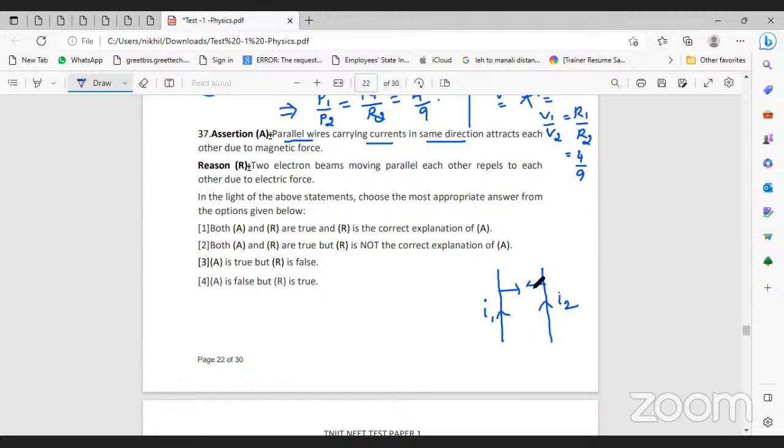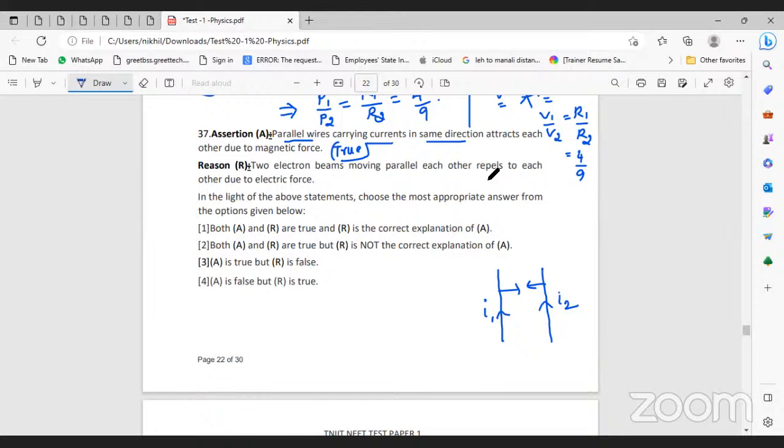Yes, because of the same nature, there will be an attractive force. So assertion is true, because if any two wires carry the current in the same direction, the two wires will attract each other. The force is attractive in nature. So the first statement is true.